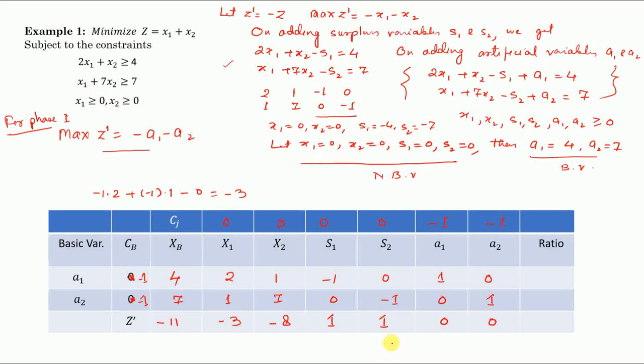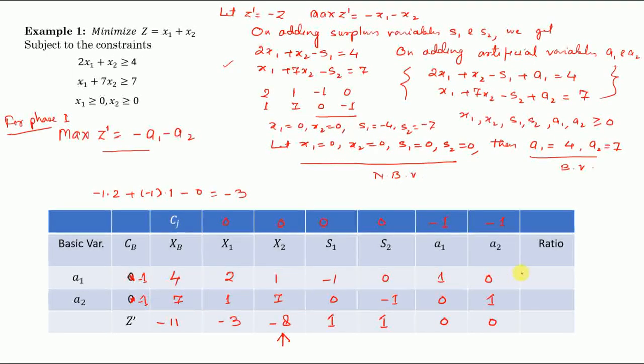Now apply the same rule. At least one value is negative, it means this is not an optimal solution. So you will choose the most negative value, this is -8. And to decide this, now x2 is the incoming vector. To decide the outgoing, we will calculate the ratio of xb and x2.